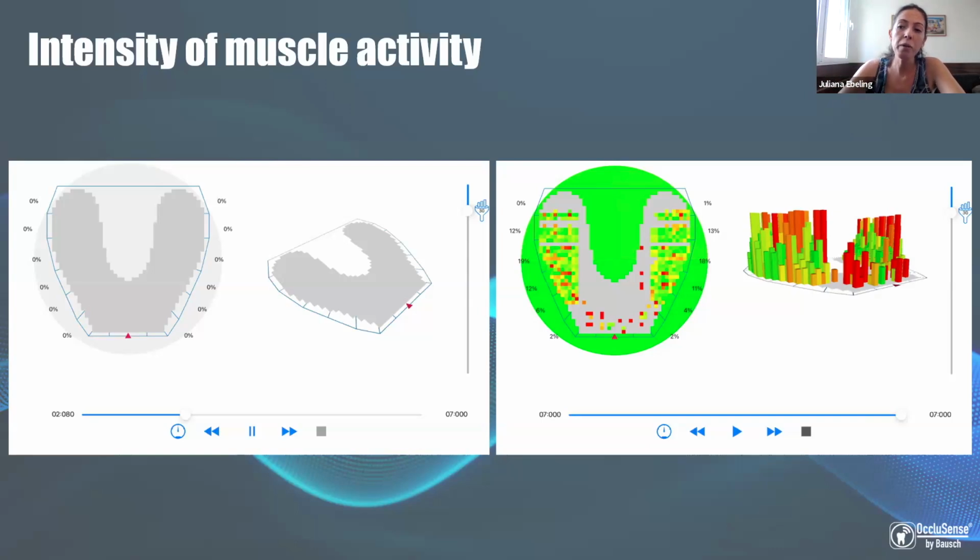So it's very, very important to understand these commands that help us to use this tool in a very effective way in the clinic.